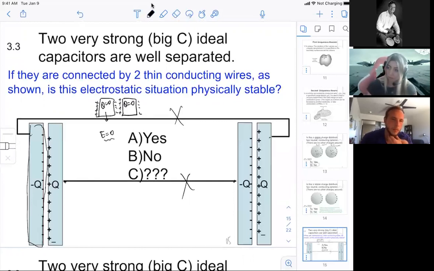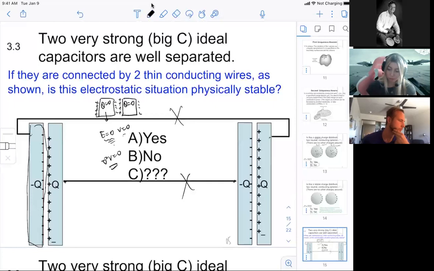Let's say you don't agree with me. Let's say you think E equals 0 is only one possible solution, because that satisfies your Poisson equation, Laplace equation, or Gauss's law, whatever.